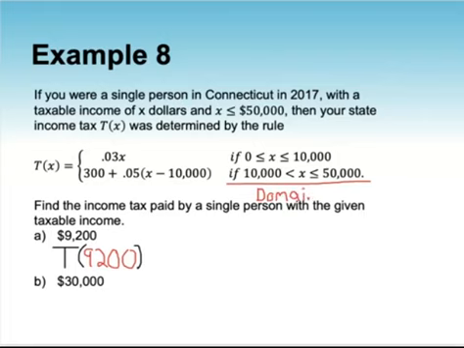So we want to figure out, let's see, the first one is that X is between 0 and 10,000. And isn't it true that 9,200 is between 0 and 10,000? We have 0 less than or equal to 9,200 less than or equal to 10,000. That is a true statement. So we're going to pick the first equation.